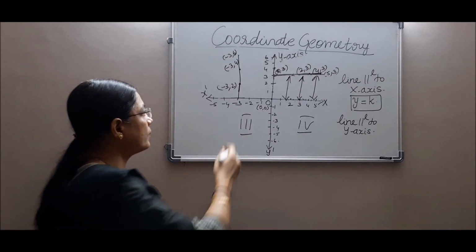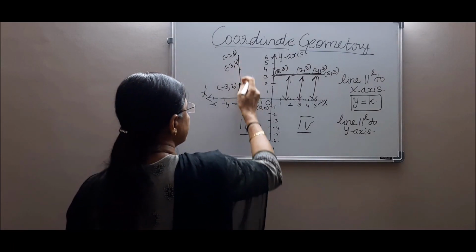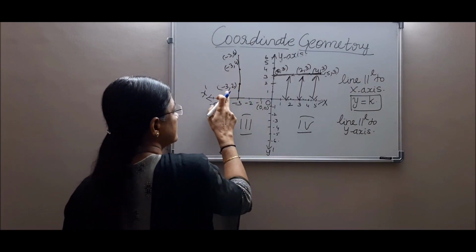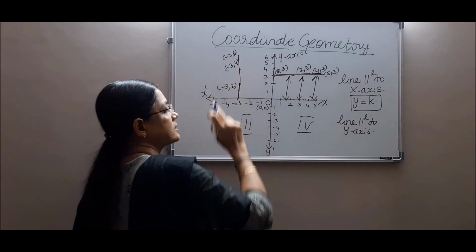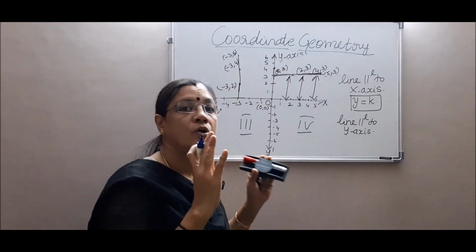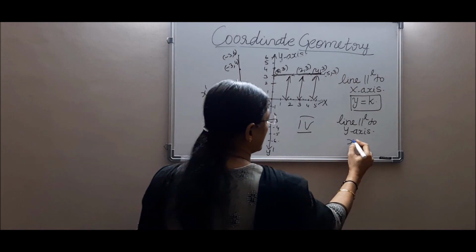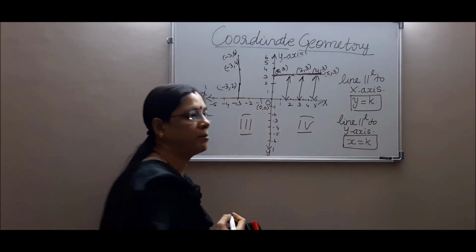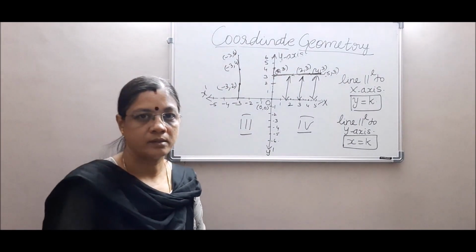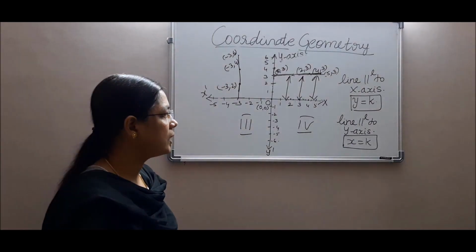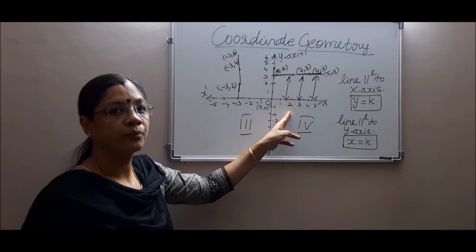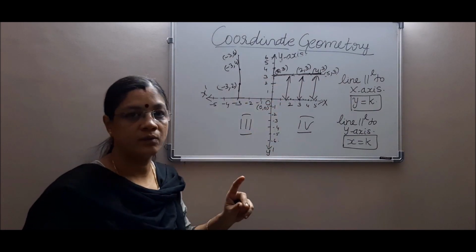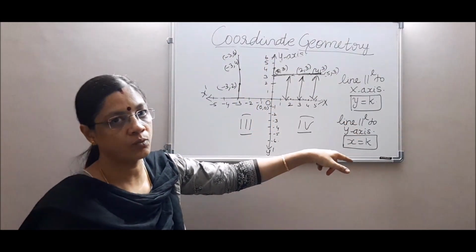What do you understand by the line parallel to y-axis? What does the coordinate show? The x coordinate is constant. So x is equal to k will be the equation for a line parallel to y-axis. Do you understand? When x is equal to 0, it represents the y-axis. When y is equal to 0, it represents the x-axis.